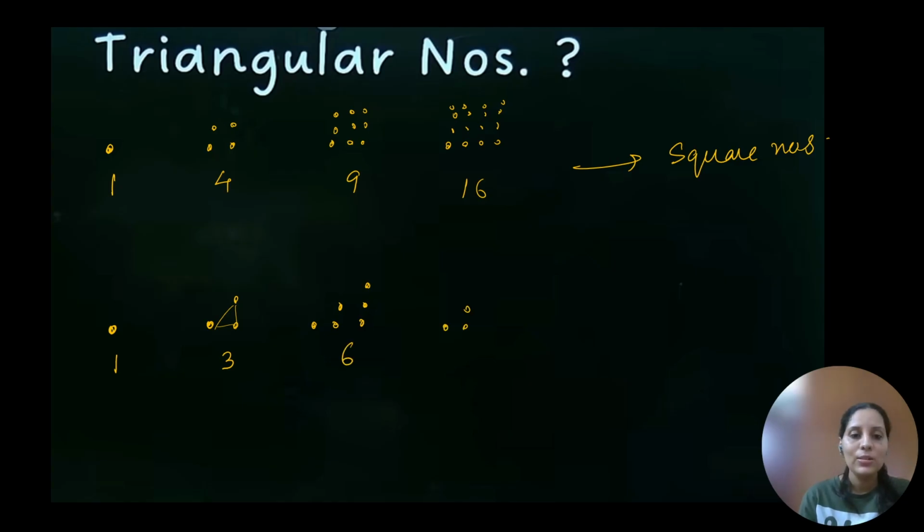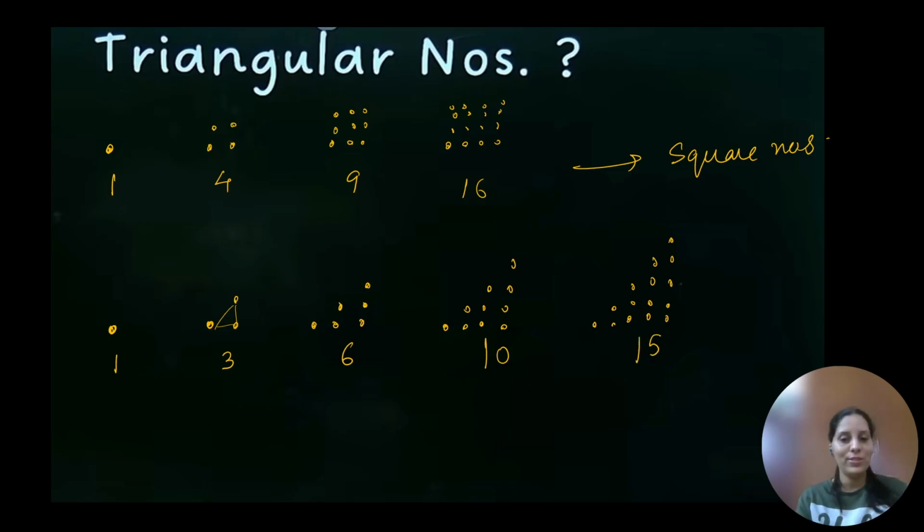Then 1, 2, then the third column. Now, the fourth column will have 4 dots. So how many will we get here? 1, 3, 6, and then 10. Similarly, 2 dots, then 3 dots, then 4 dots, now 5 dots. So when I add them up, I get 15. So these are triangular numbers.